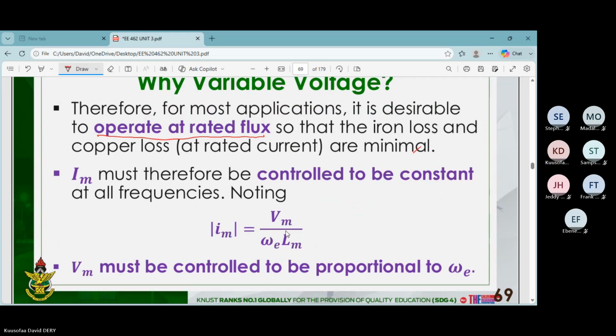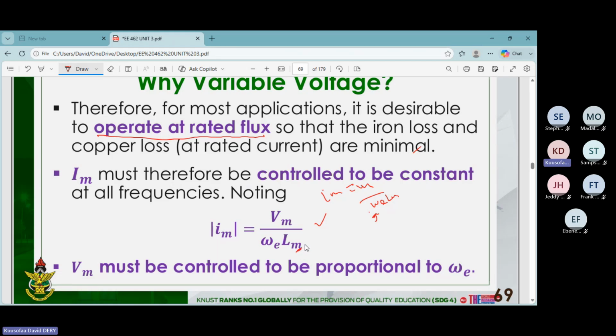So when we go back to the equivalent circuit, we say that Im is what? Vm over omega E Lm j. But since we are interested in the magnitude, we just neglect the j and we are going to have this. So here, Lm is constant, right?